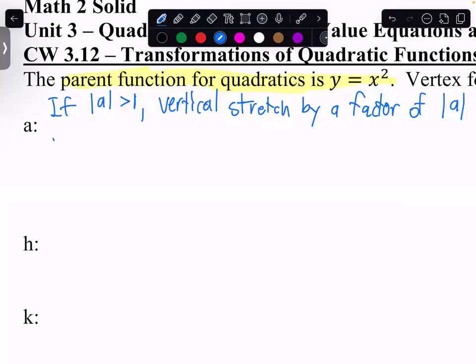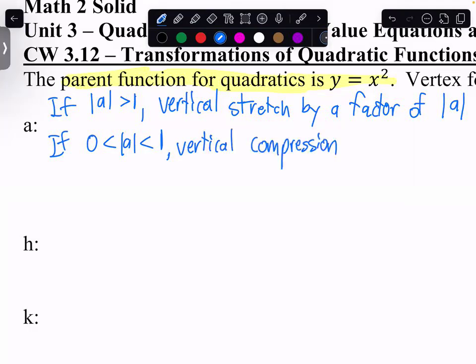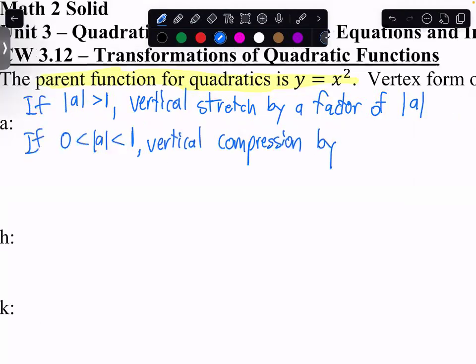Okay, now if the absolute value of A is between 0 and 1, that means there's a vertical compression. Okay, so compression means making things smaller. So that's why you do it when the number is between 0 and 1.